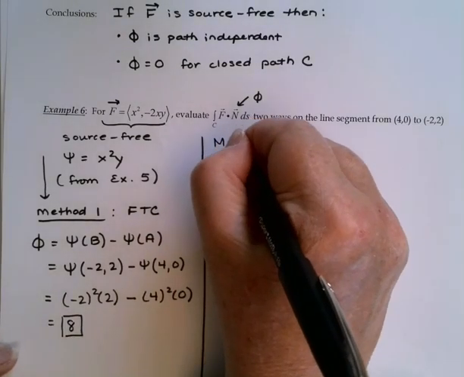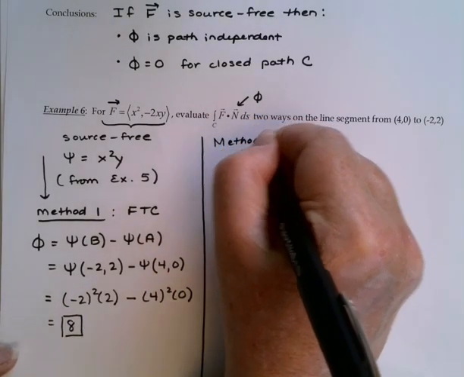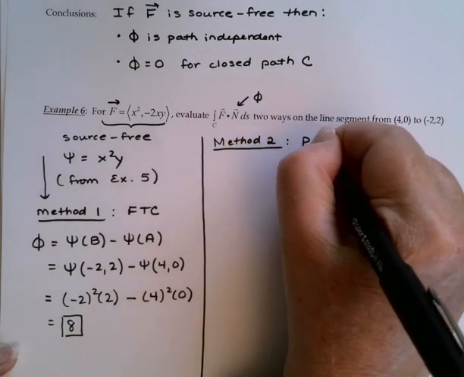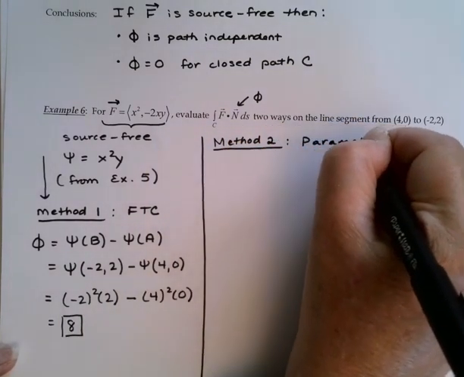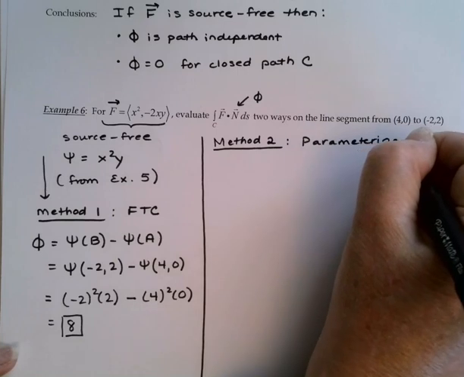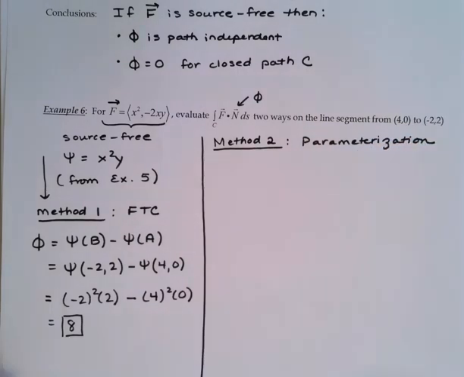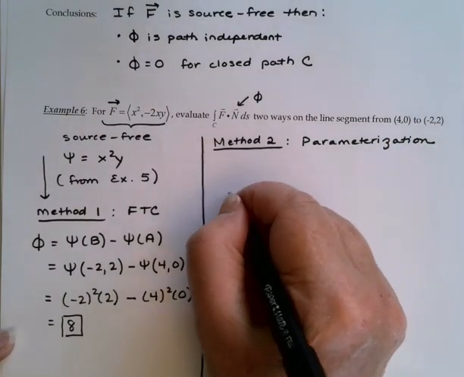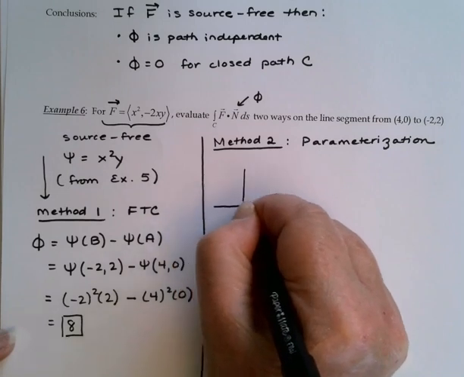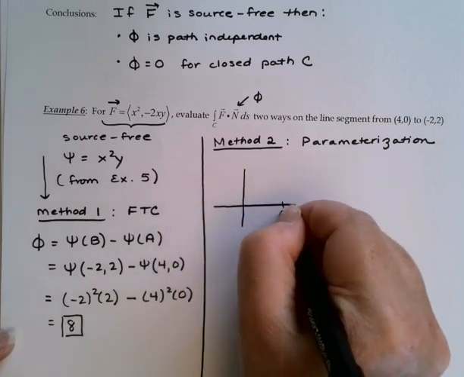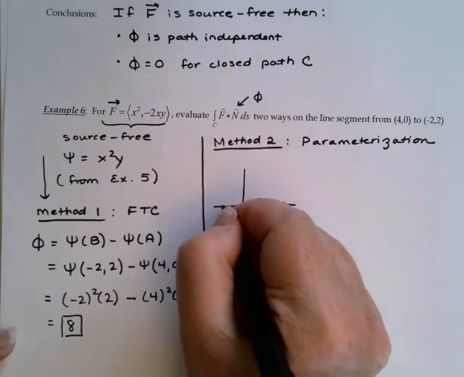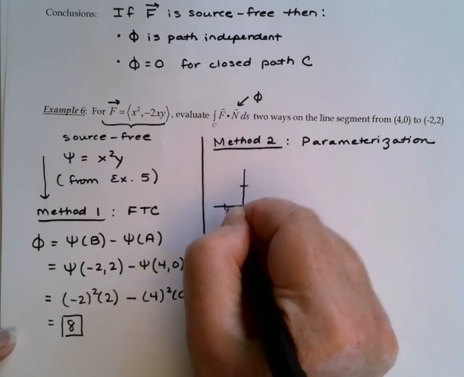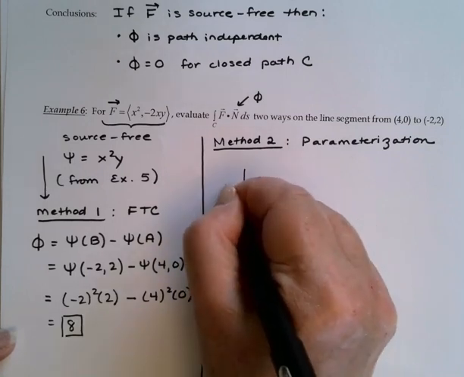All right, for method 2, let's hopefully get that same answer going back to our old way, the parameterization method. In this case, we actually have to parameterize our line segment. So I'm going from (4, 0) to (-2, 2).